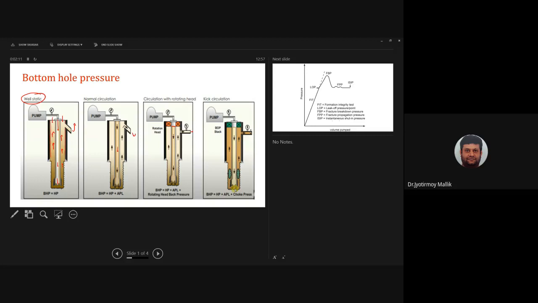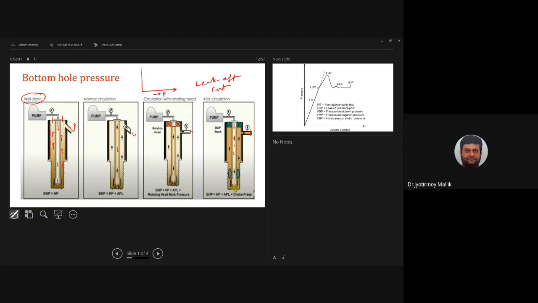During a leak-off test, what you essentially do is close this output, and you keep on increasing the drilling mud through it. So what I am doing essentially is increasing the pressure of the bottom hole, slowly.